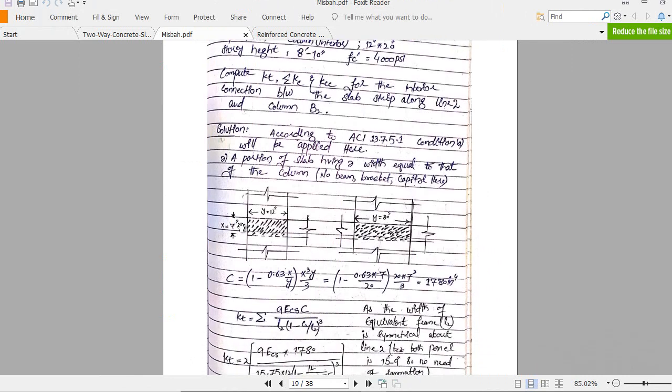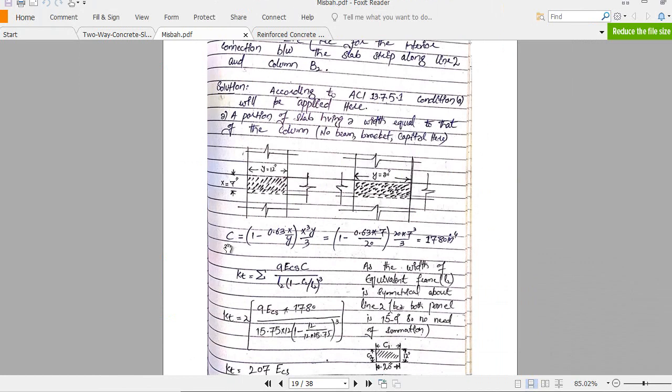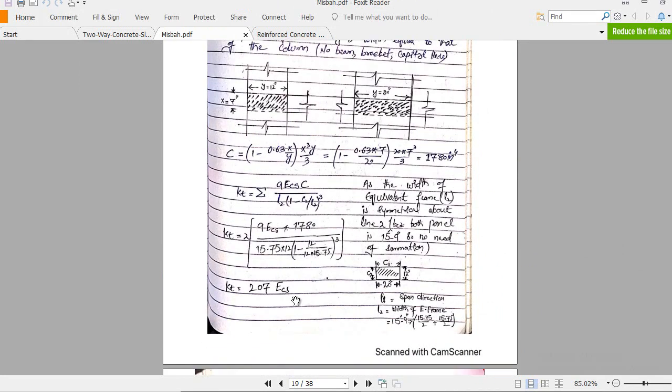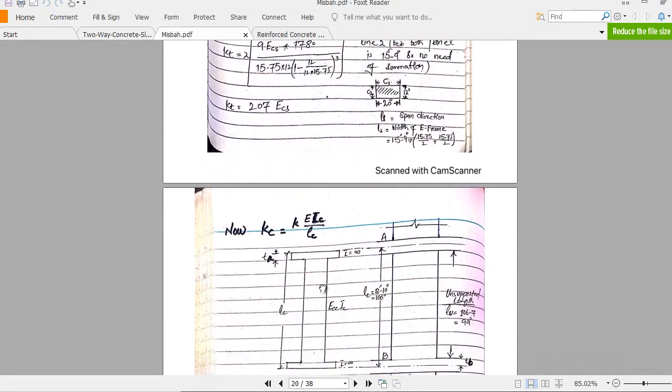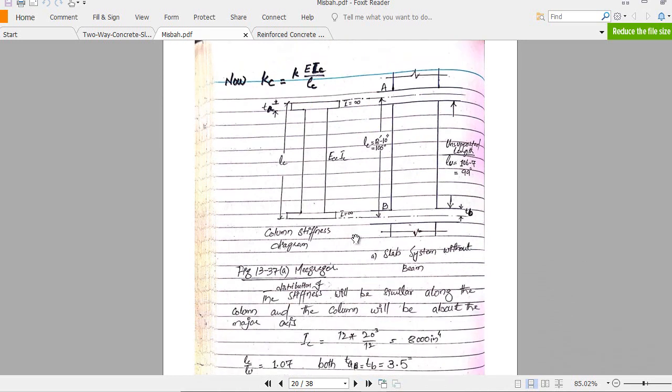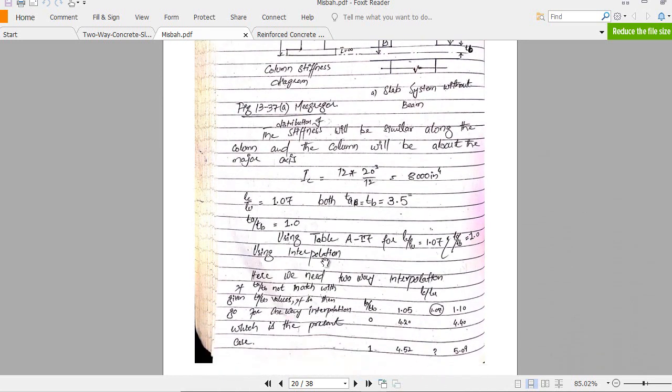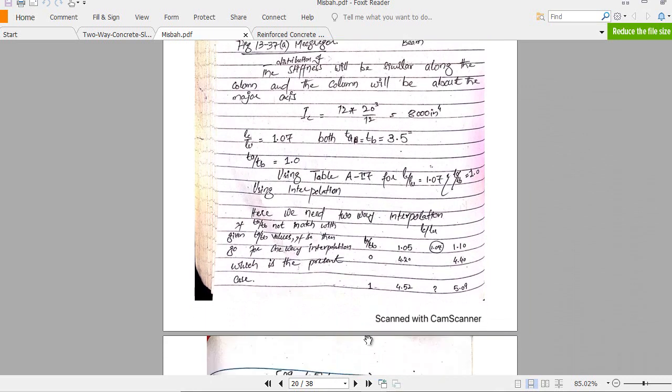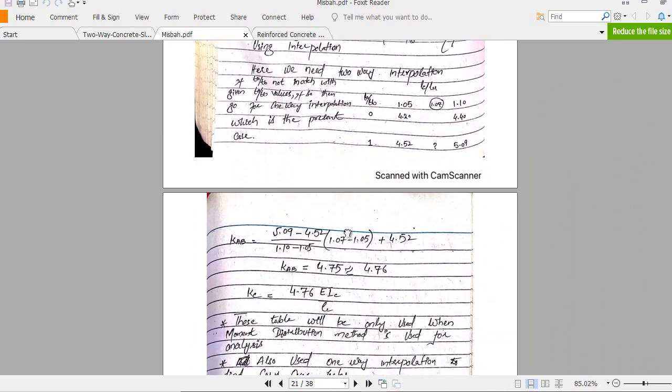And here we have one exterior column and one interior column, and I already did the calculation for C, KT, and similarly what is LC, LU, and how to calculate your KT values, how to interpolate the values from table A17, table A14. I already explained.